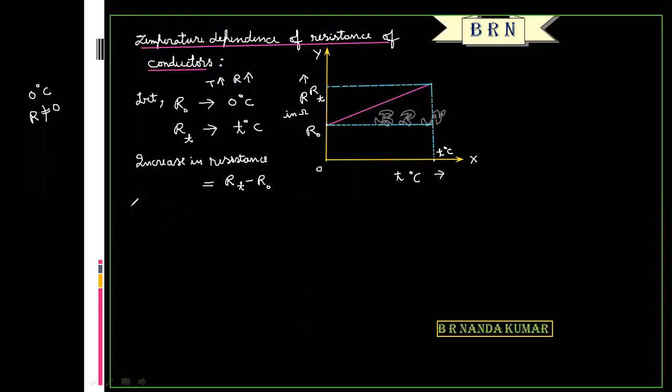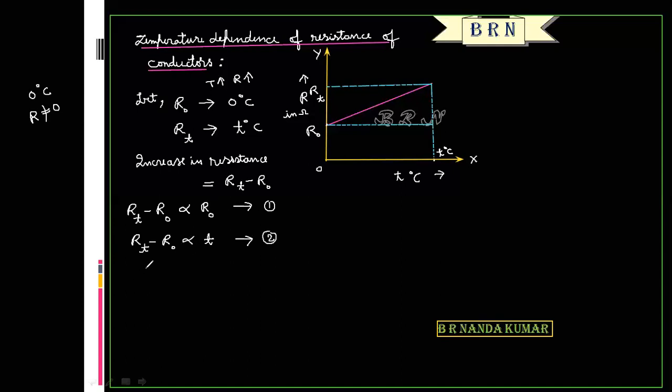So this increase in resistance, change in resistance, depends on two factors: it is directly proportional to R naught, that means the original resistance, and also proportional to change in temperature. Change in temperature is T minus 0, that is T. Call this equation number 1, call this equation number 2.